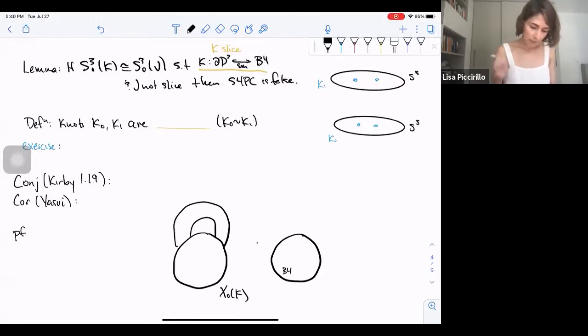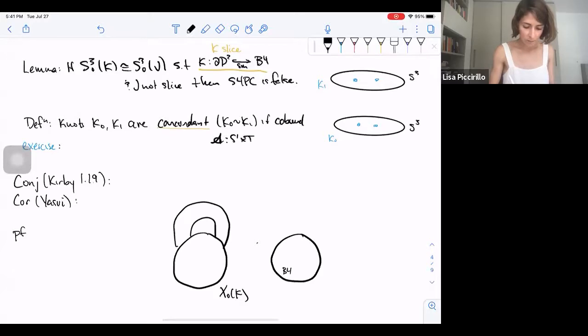To state the corollary, let me first generalize this notion of sliceness. So many of you will know this, but let's make sure that we know that we say that knots are concordant if they co-bound an annulus, and that annulus lives in S3 times I. So the picture you should have in mind here, so concordance is an equivalence relation.